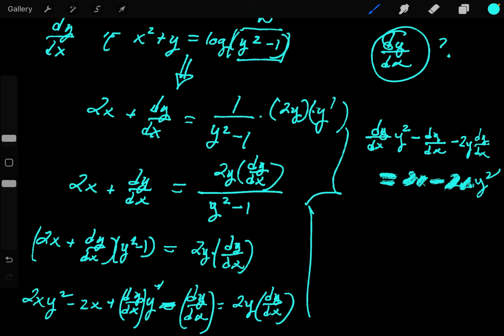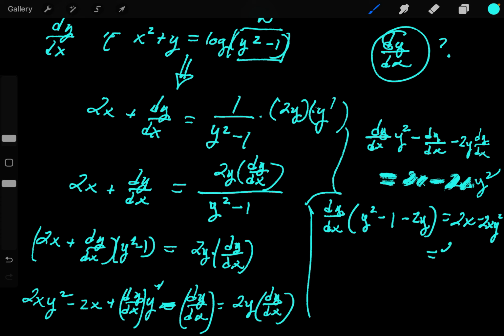And then you factor out dy dx, you're left with y squared minus 1 minus 2y is equal to 2x minus 2xy squared.